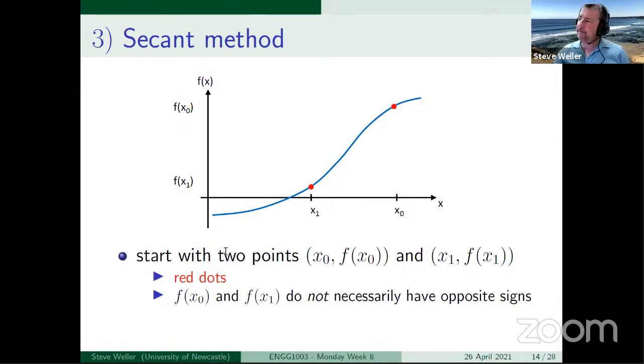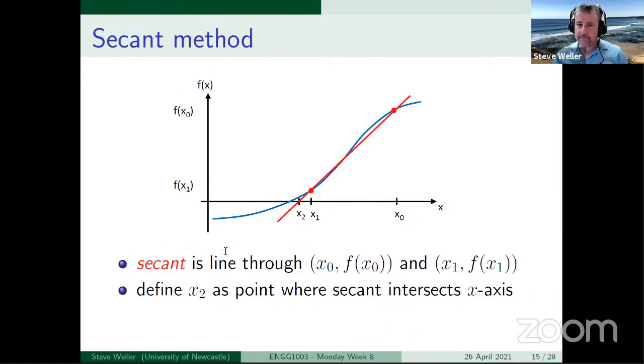So what the secant method does, it starts by drawing a straight line between those 2 red dots. That red line is what's known as a secant. It's a line which connects 2 points that are on the function of interest with a straight line. So again, the solution we're looking for is the point at which the blue line intersects the x-axis.